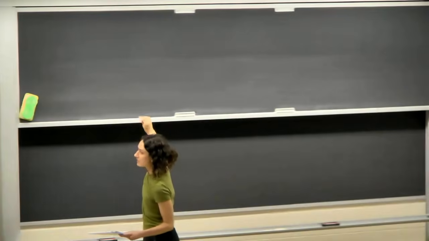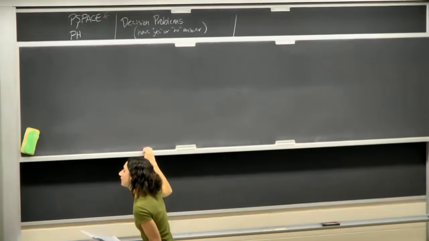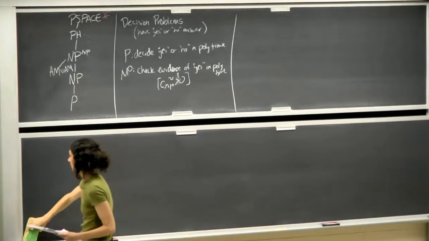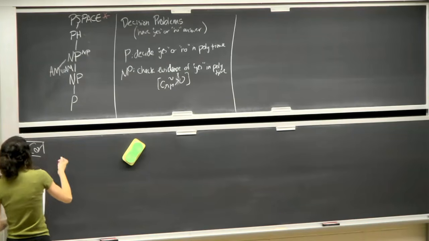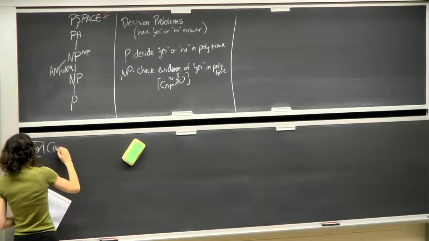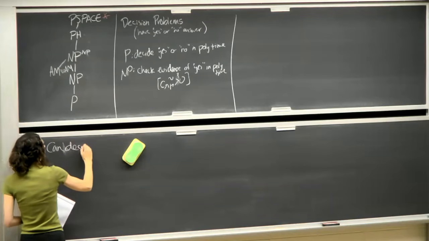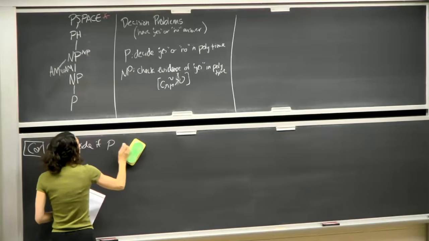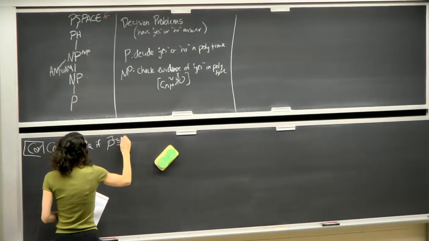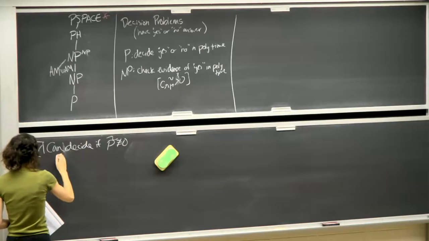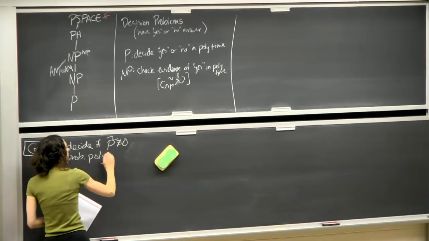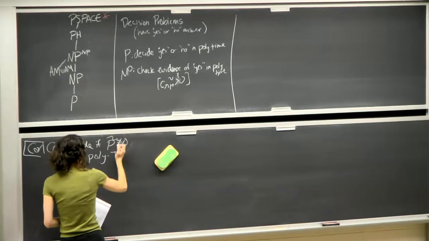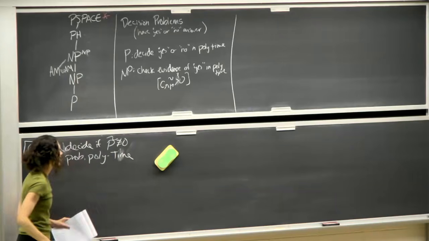And so what does that tell us about PIT? As a corollary, we get that we can decide if a given polynomial is not identically 0 in probabilistic polynomial time. Okay.